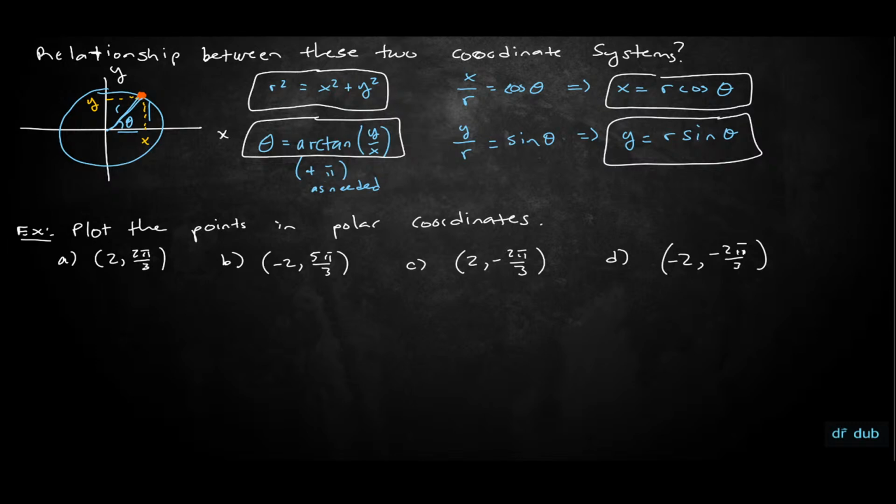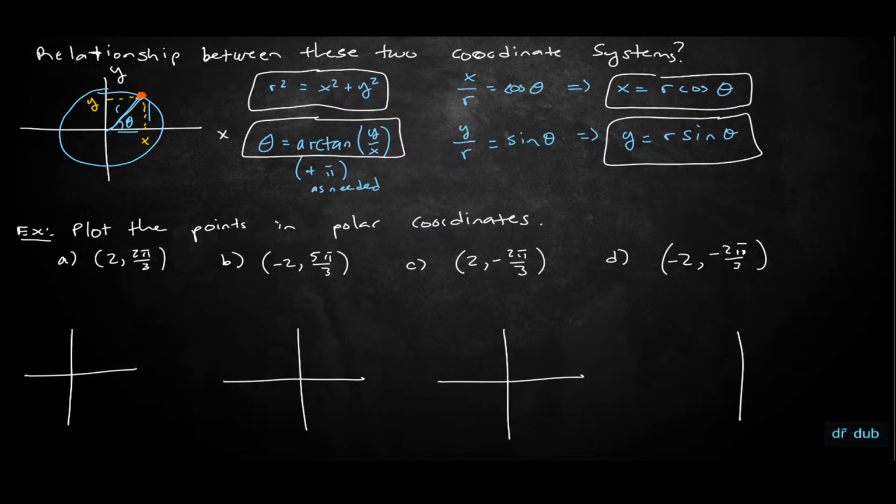So we want to plot these 4 points. I'll just draw an axis for each one. So I'm drawing Cartesian coordinate axes, but we'll plot the polar coordinate representation. So what does that mean, 2 comma 2 pi over 3?